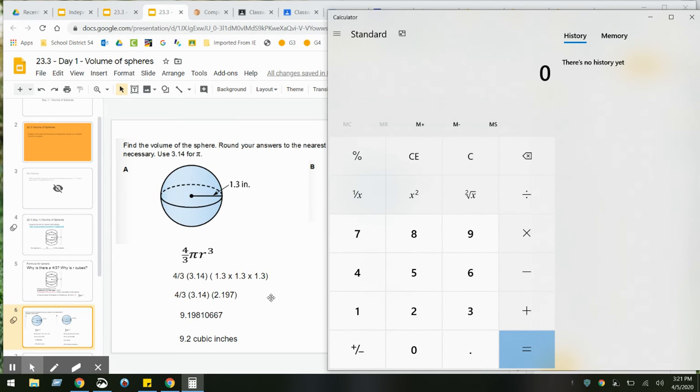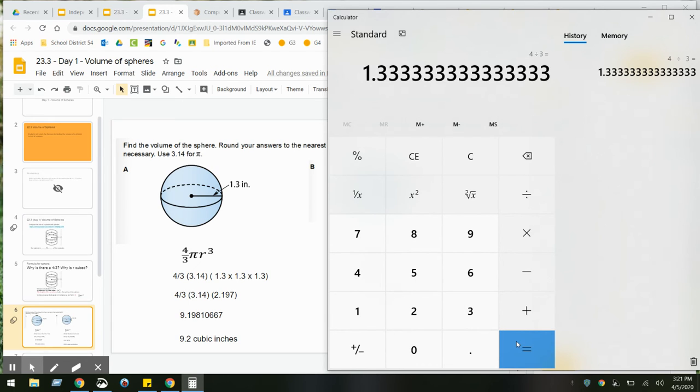Not all calculators have fraction buttons, so I would recommend dividing 4 divided by 3 first, then multiplying that times 3.14, and then multiplying that by 2.197 to get to a final answer of 9.19810, and then we have a repeated 6.